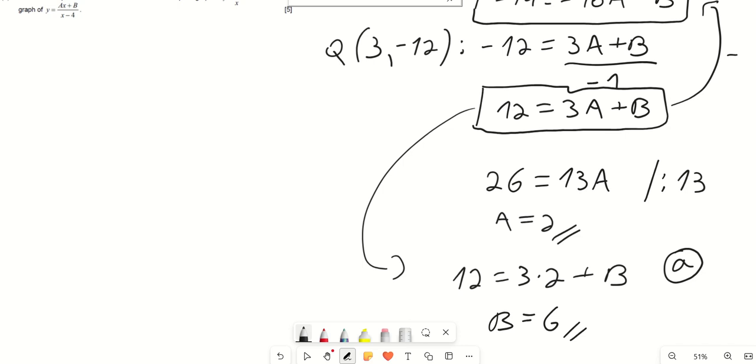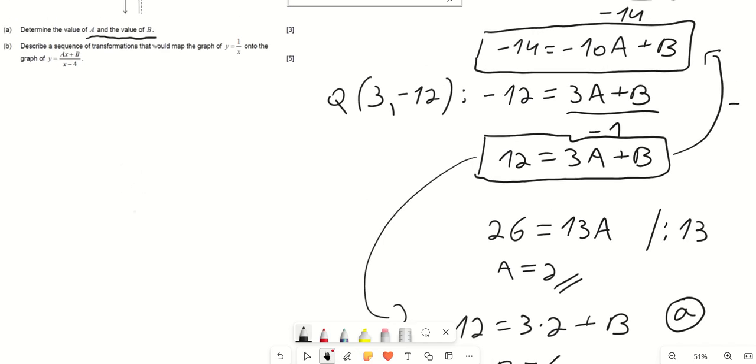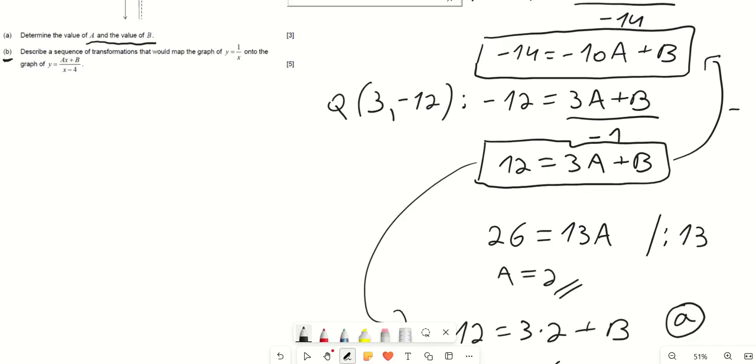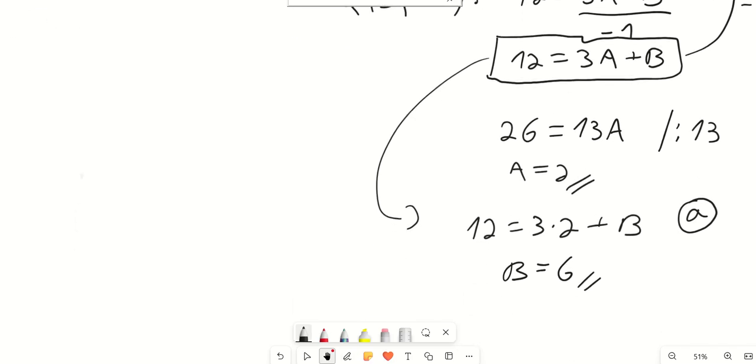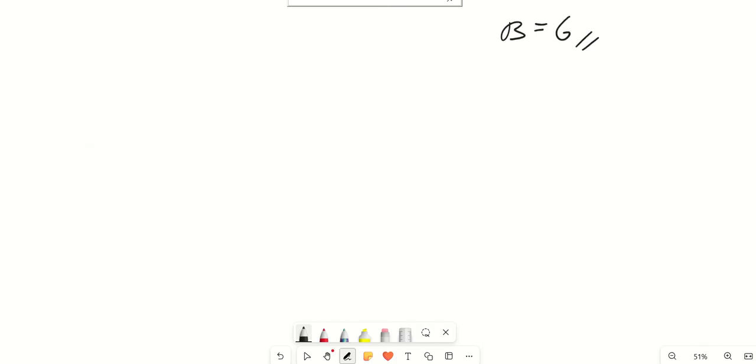Now moving on to part B. So here is the question for part B. We need to describe a sequence of transformations that would map the graph of the function 1 over x onto the graph of the function that was given in A. So what do we need to do? Let me start by simplifying the function that we already had.